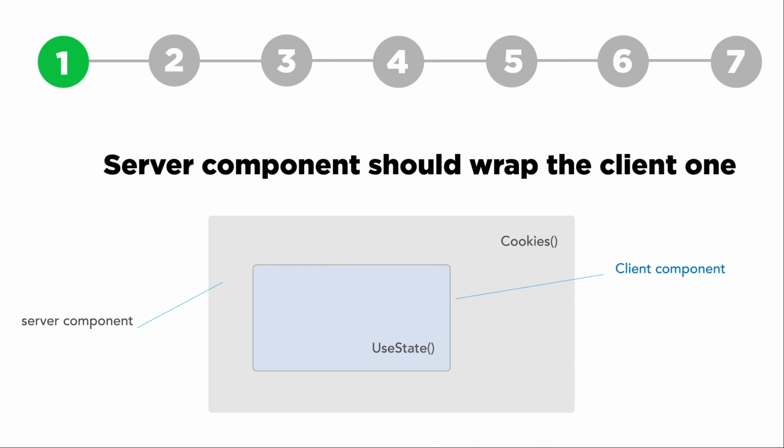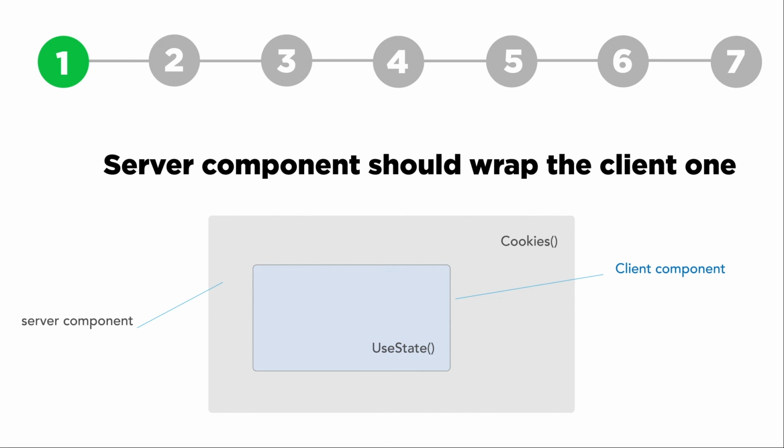So the number one point, if not a consideration that I wrote down while I was working with Next.js, and I know this is a must do, the majority of developers who have spent time with Next.js know, is that you should wrap the client components with the server components.